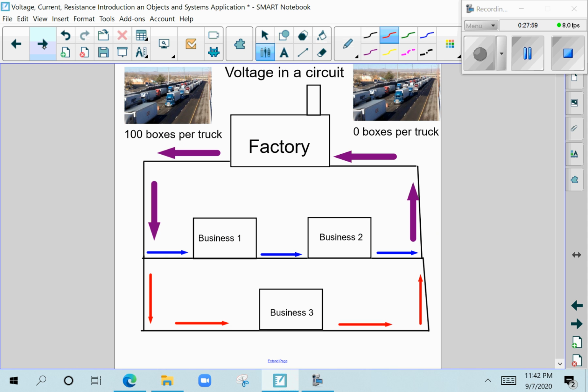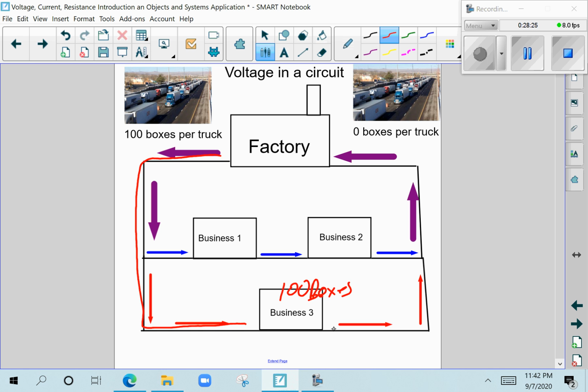So in terms of voltage in a circuit, if I have 100 boxes that leave a factory and they all return, then the boxes that travel through business 3 must drop off 100 boxes because they have to come back empty. However, the boxes that travel through business 1 and 2 cannot give each business 100 each. They only carry 100 on their own.